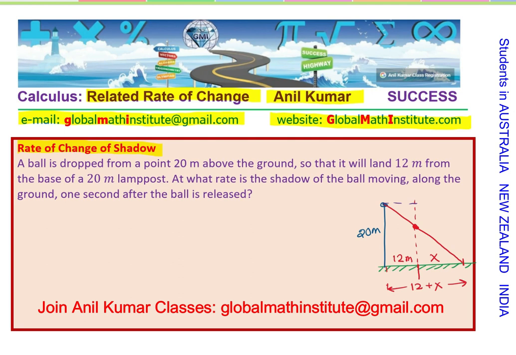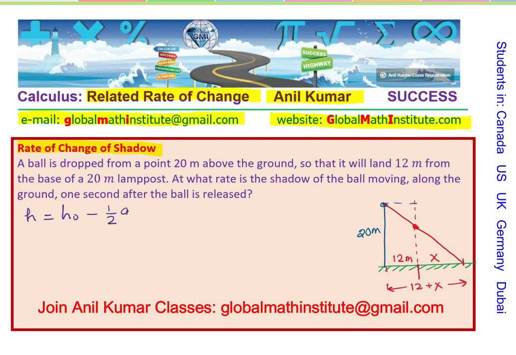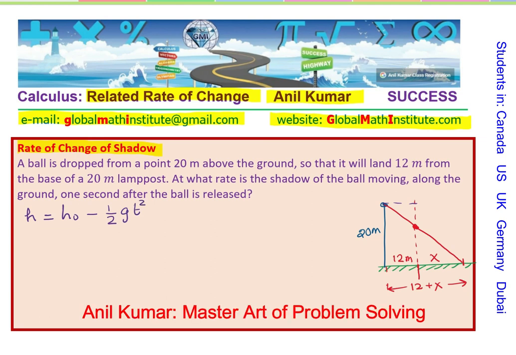So the formula we could write in this case: height of the ball equals initial height minus half g t squared, where g is acceleration due to gravity. Sometimes this formula is given to you.